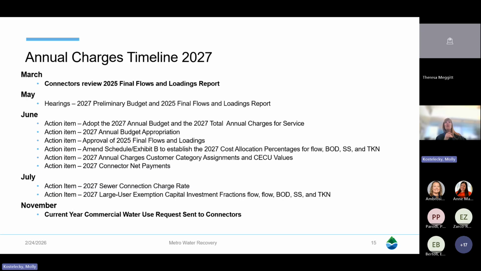If we have a new connection, meaning a new service area, and they're just sending us ones and twosies, those are going to come through flow meters, but we'll probably establish some estimates for those connections, just so we have something in the system. It's not going to be perfect, but it will get us through that 3-year period, and then get them up and going with those 3-year averages like everyone else.